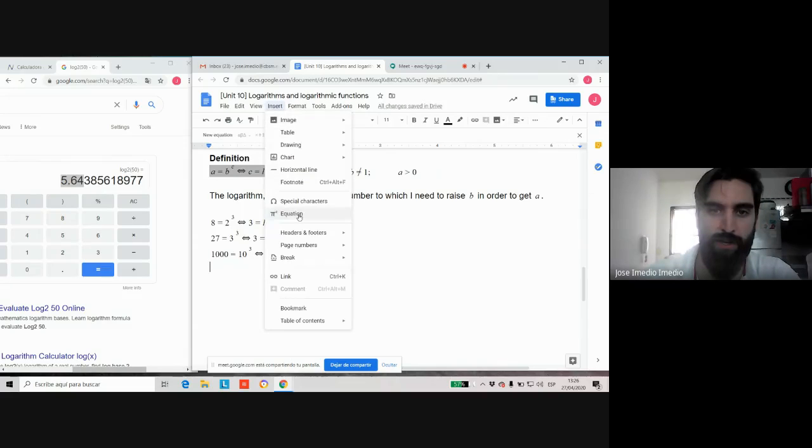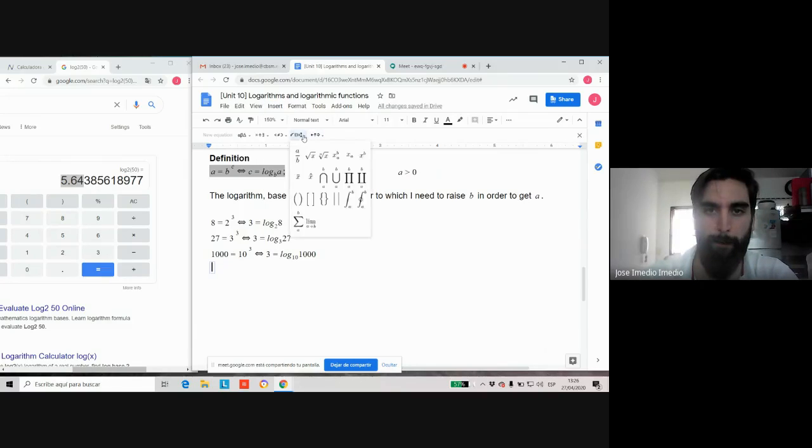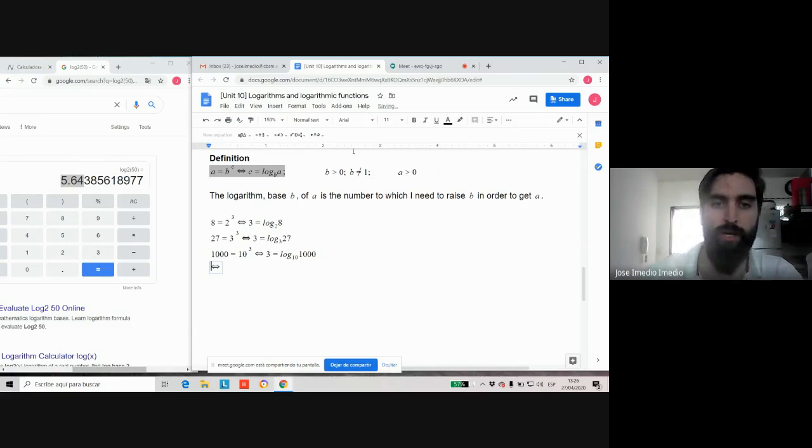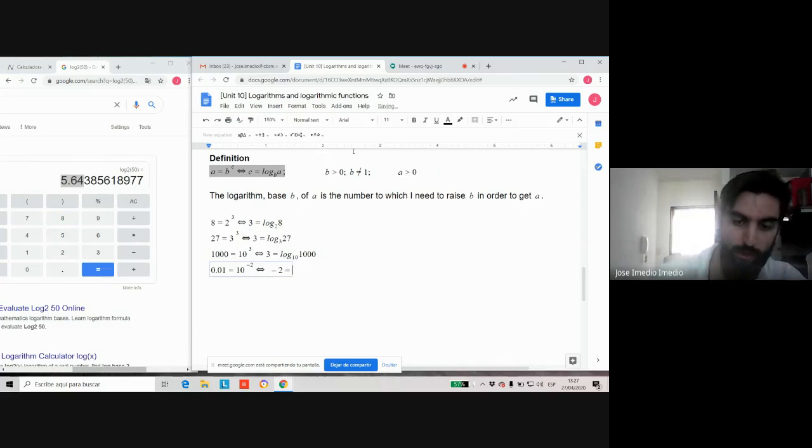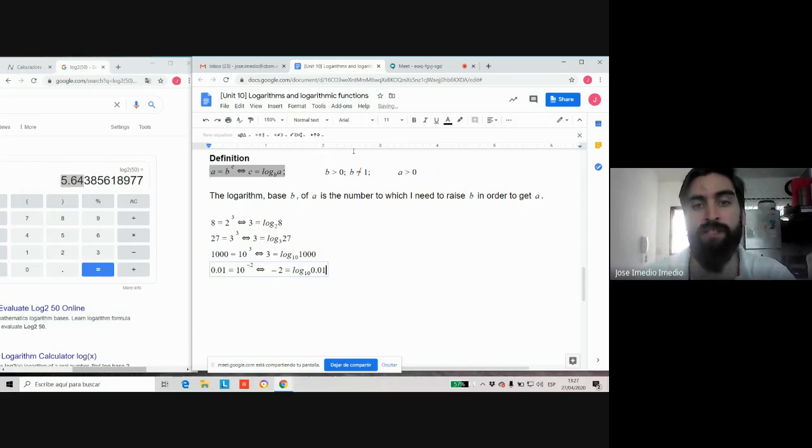Let's insert this again. For instance, 0.01 is the same as saying 10 raised to the power of minus 2. So this means that minus 2 equals the logarithm base 10 of 0.01.